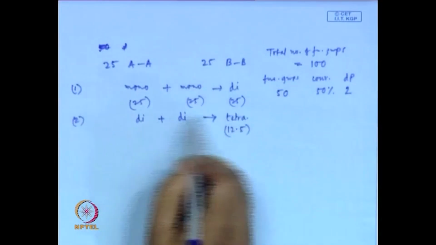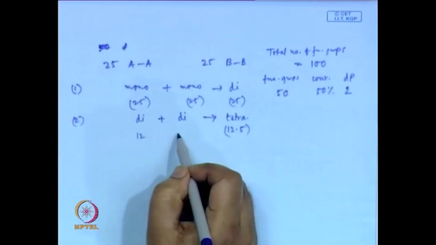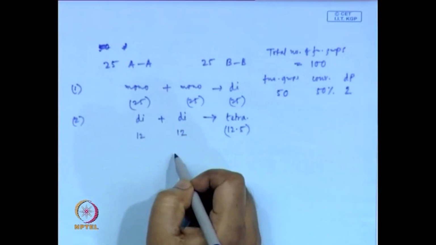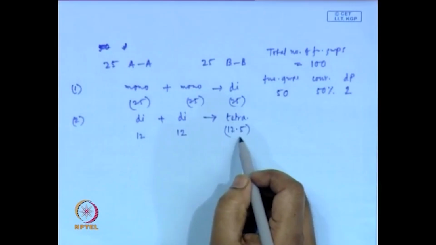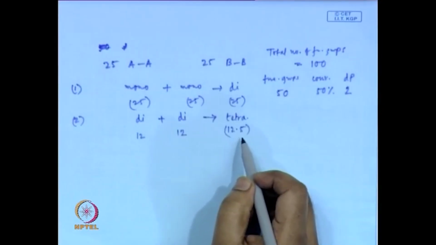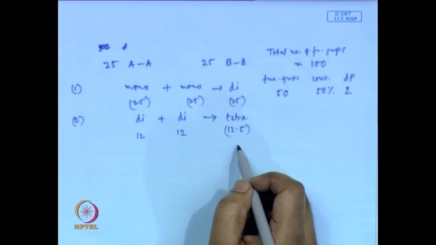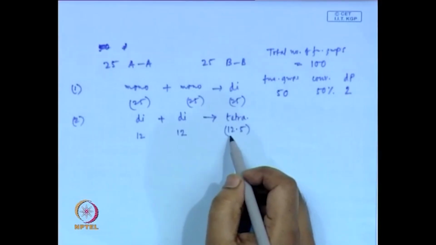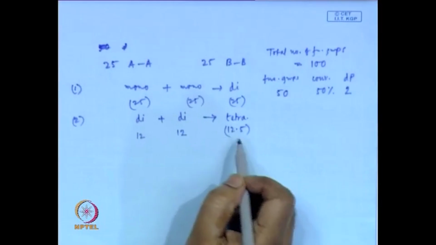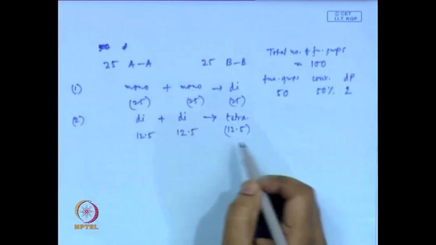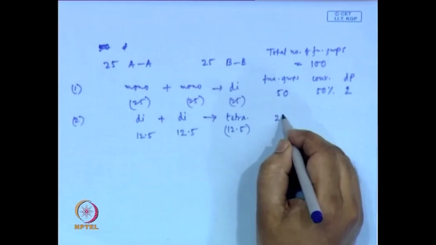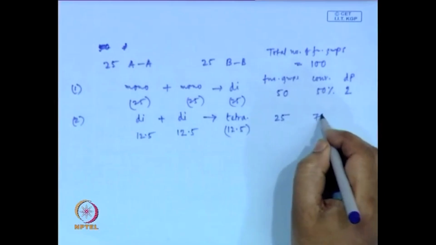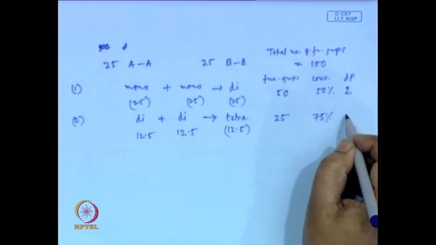If 12 dimers react with 12 dimers, 1 is remaining, which means you have 12 tetramers plus 1 dimer left, which on average makes it 12.5 tetramers. So how many functional groups are now present in the reaction medium? It is 25. So what is the conversion? 75%, and the degree of polymerization is close to 4.